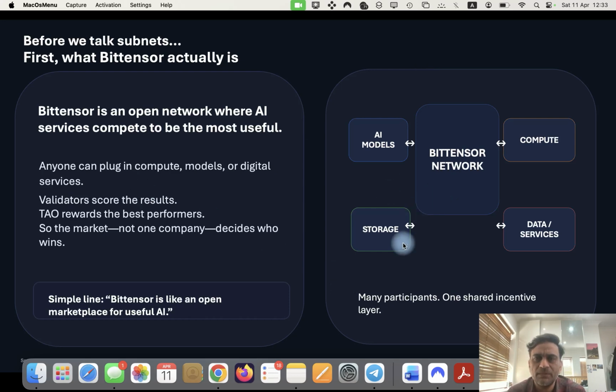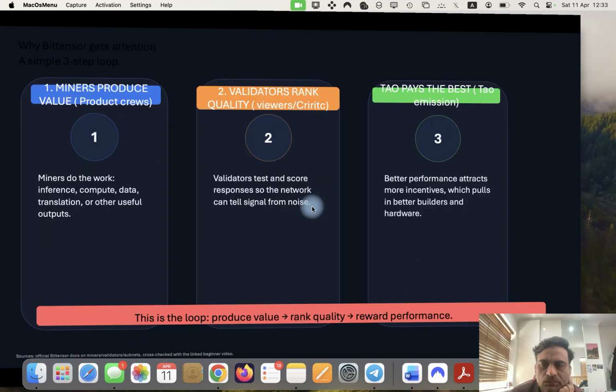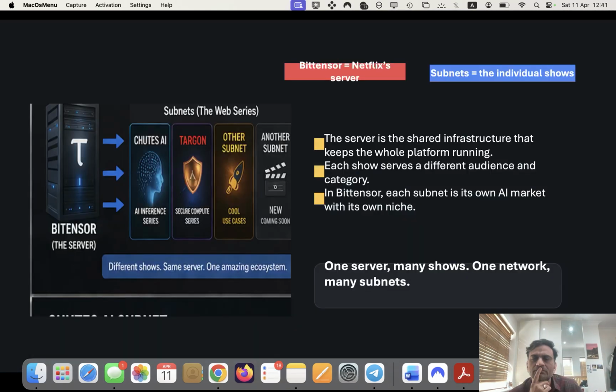Let's try to understand it by taking an example from the Netflix perspective. Bittensor is the Netflix server. Netflix is just providing a platform; Bittensor is providing a decentralized AI network platform. On top of Netflix, there are different web series that we are viewing.